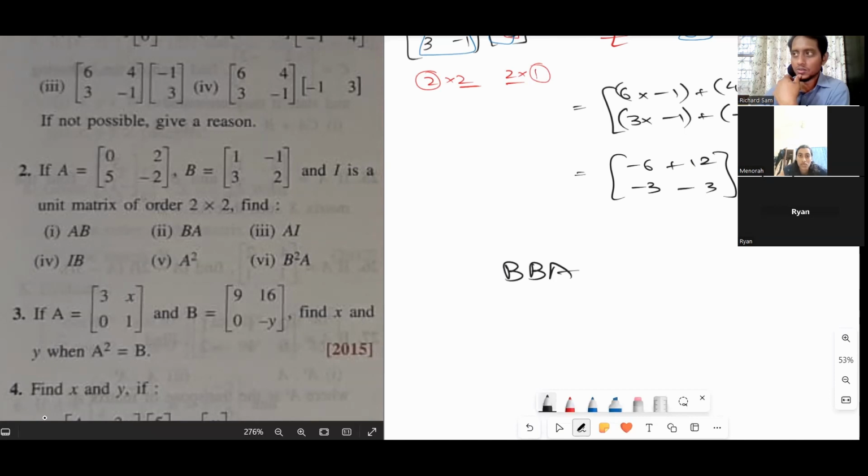You can either do B into B first and that answer into A, or you can do it like this: first you do BA, which you have already done, and then you do B into that BA. Clear? Okay, start. As you go, you will get practice on how to do it. So just do AB first.